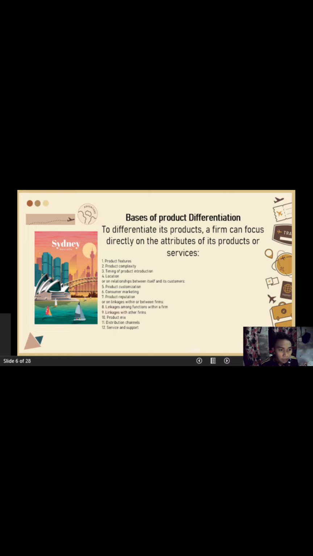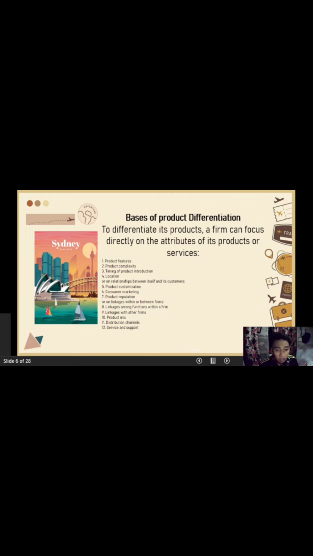Punta naman tayo sa product mix, yung pang-10. So, product mix, one of the outcomes of links among function within a firm and links between firms can be changes in the mix of products a firm brings to the market. And yung pang-11 naman, distribution channel.